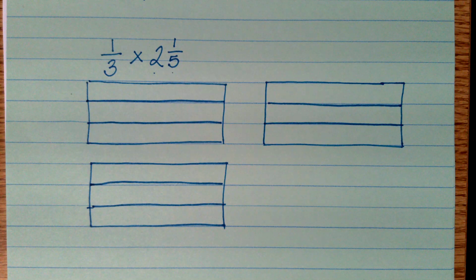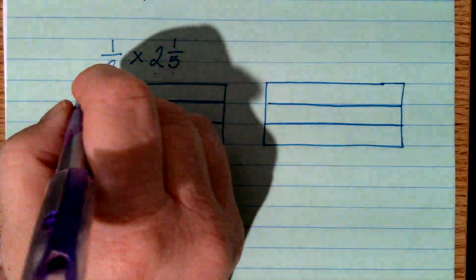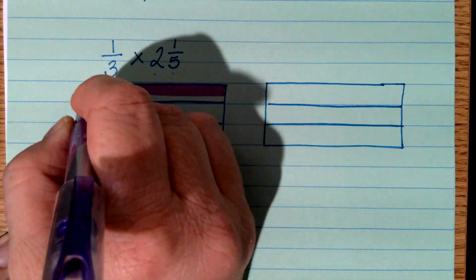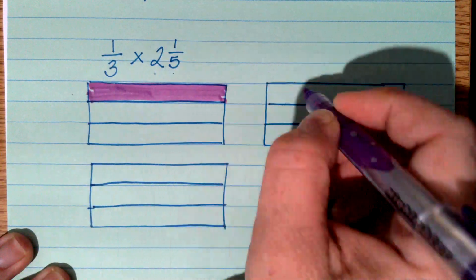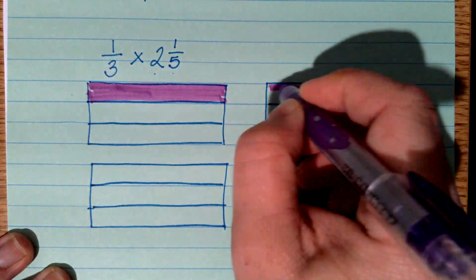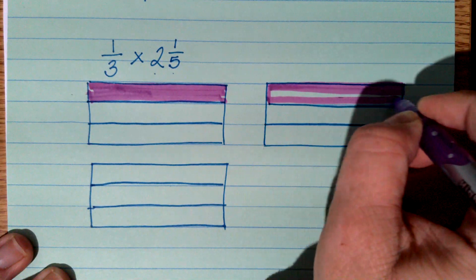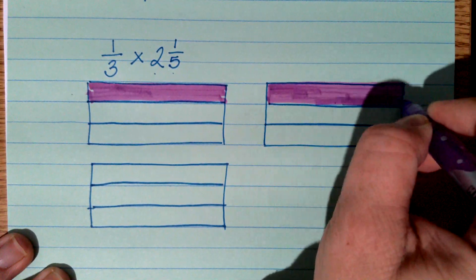And we're going to start with coloring in 1/3 of each whole. Because remember, we're taking 1/3 of 2 1/5.